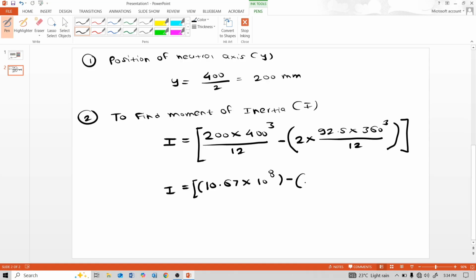And minus 2 into 92.5 into 360 cube divided by 12, which is 7.19 into 10 raised to 8. So the moment of inertia for that I section is 10.67 minus 7.19, which is 3.48 into 10 raised to 8 mm raised to 4.